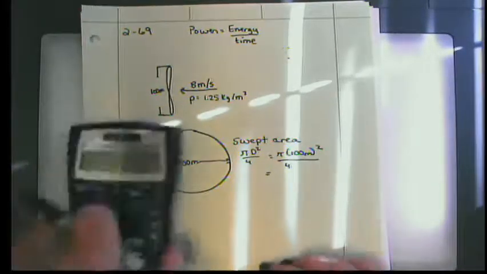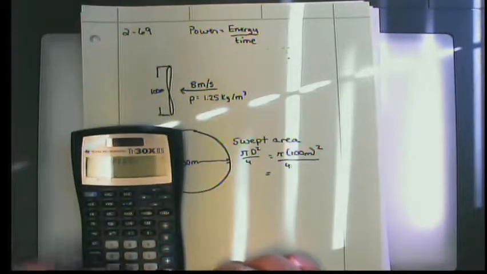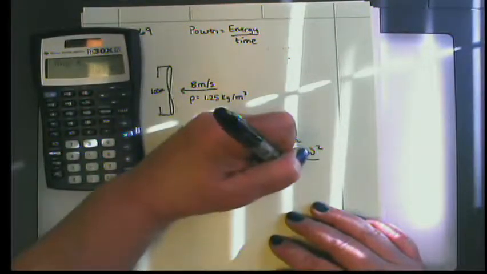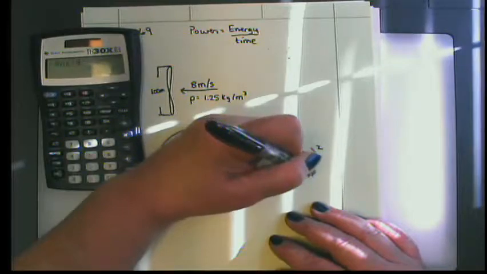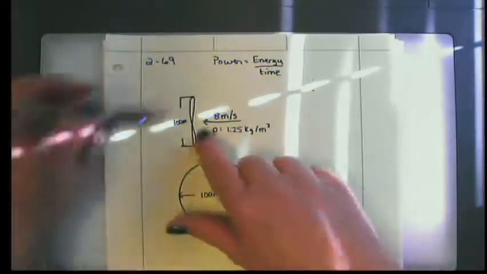And so that number is 100 squared times pi divided by 4, or 7,854 square meters.